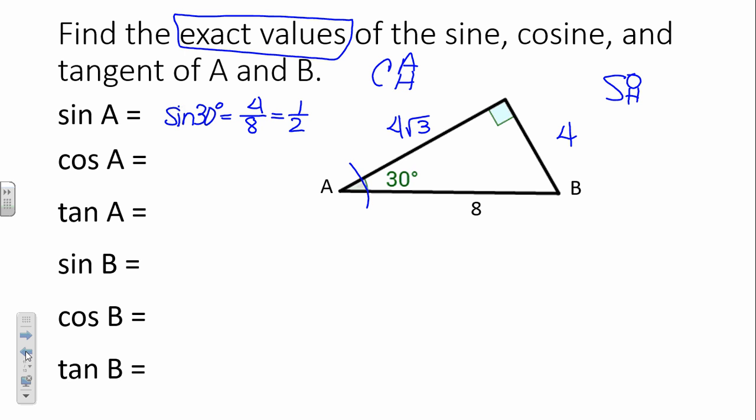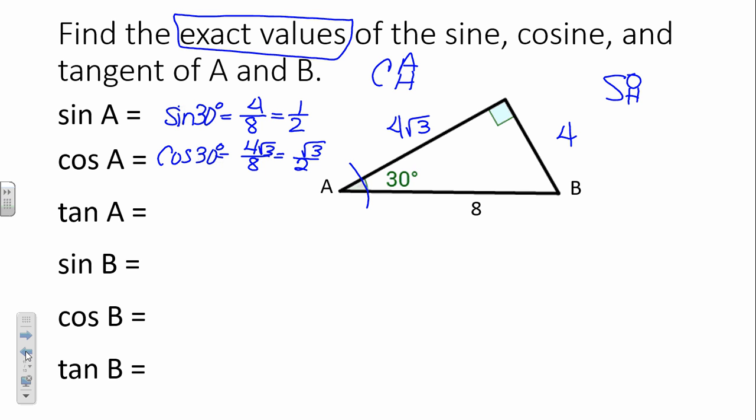Very good. So the cosine of 30 is 4 square roots of 3 divided by 8, which reduces to square root of 3 over 2. 4/8 reduces to 1/2, 1/2 times the square root of 3. So far, so good? Okay.